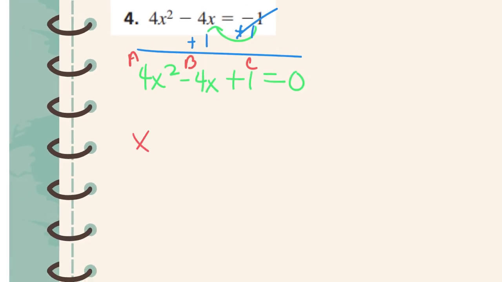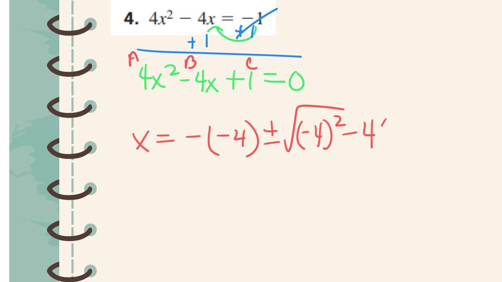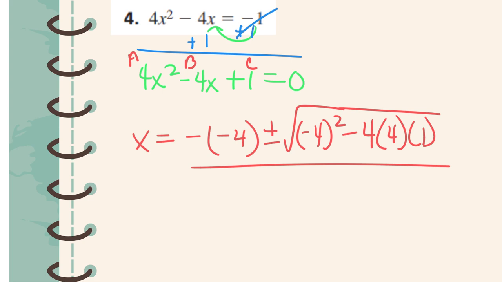Using our equation, x equals negative B, which is negative 4, plus or minus the square root of B squared, which is negative 4 squared, minus 4 times 4 times 1, over 2 times 4.